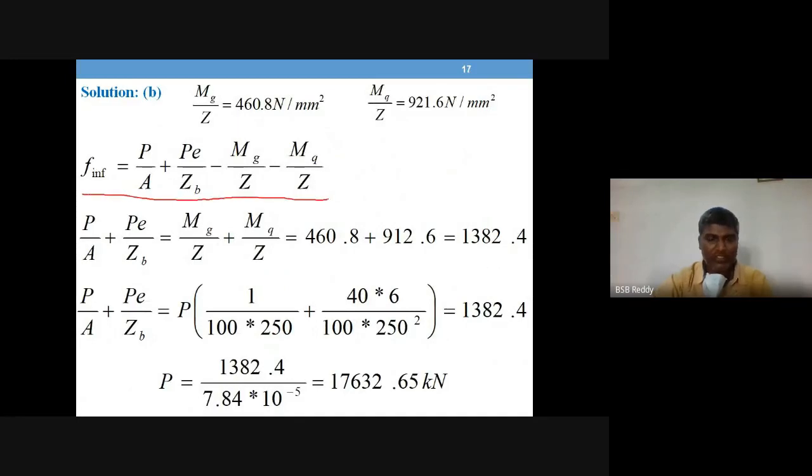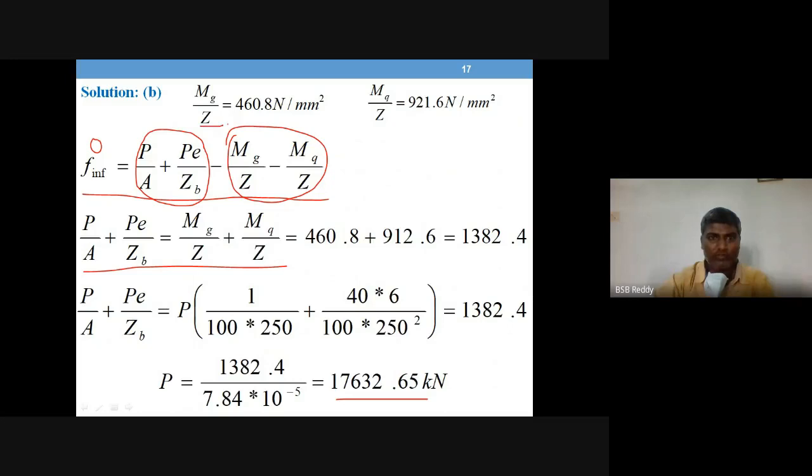So it's very simple to just have a formula for bottom stress and take this pre-stress to one side and this dead load and live load to the other side. That will form the formula for having F0. This is the condition here, and P is now the unknown value. Okay, you have to find P value finally.